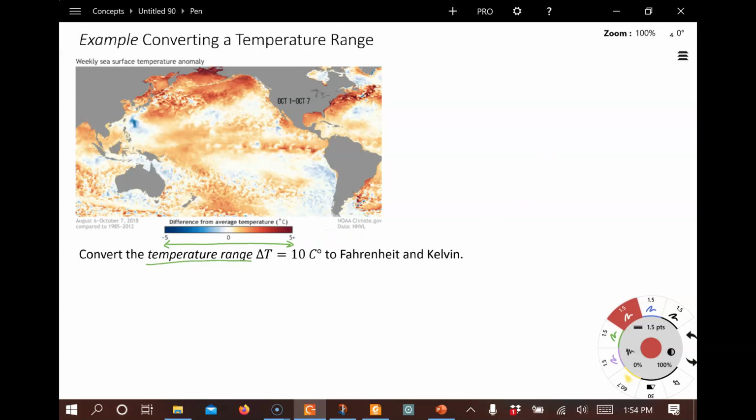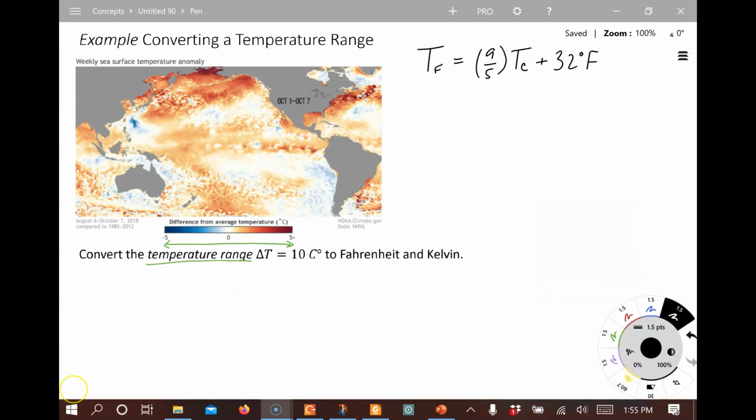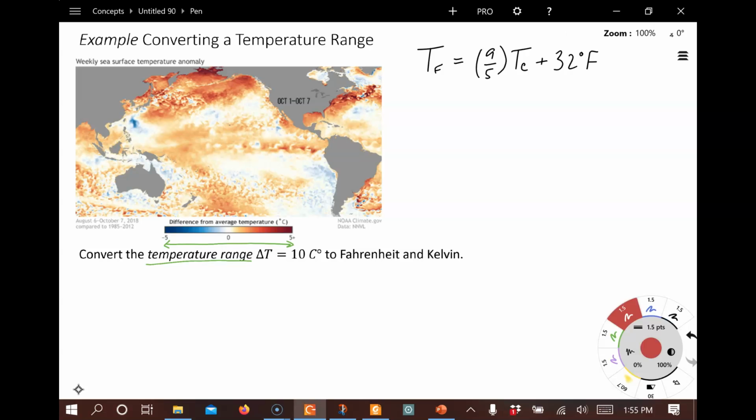All right, so let's look at this conversion factor from Celsius to Fahrenheit, and we'll go ahead and write that down. So here's the function that allows us to convert point values of the Celsius temperature to Fahrenheit temperature. And we're going to see that, in fact, to convert a temperature range, it's going to be this factor that we're interested in.